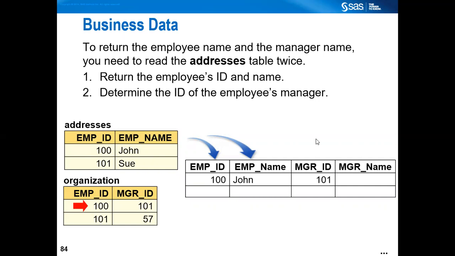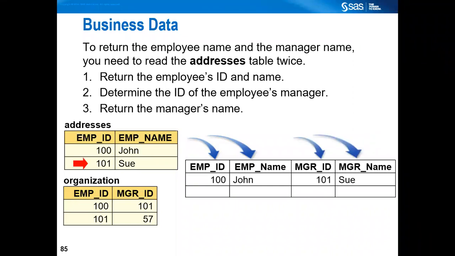Determine the ID of employee managers. Every employee has the information about their reporting manager as manager ID in the organization table. So you get the manager ID from your organization table. But you are also aware that this manager is also an employee. He has an employee ID, and his information is in the address table. So the same can be read with the manager ID as the reporting manager ID as well.